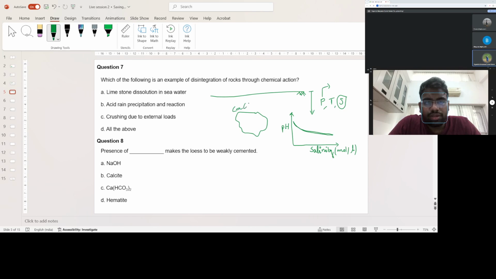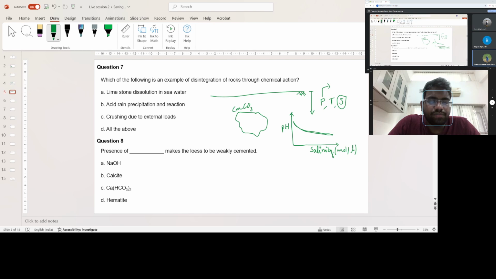So when it reacts with some acids, what happens to the power of the acid as the reaction proceeds, or when it starts to dissolve, what happens to the power of the acid to dissolve?